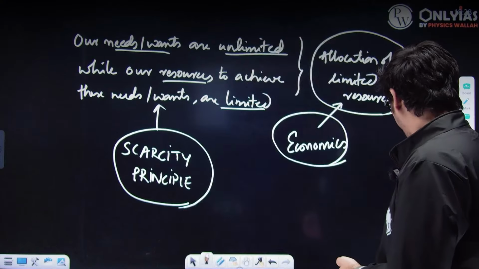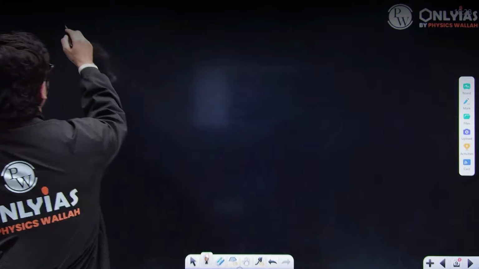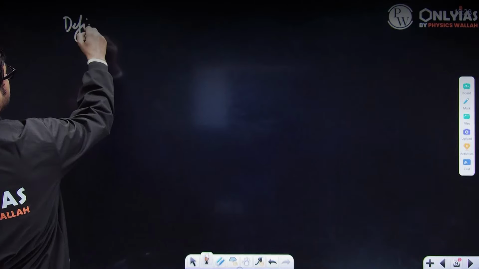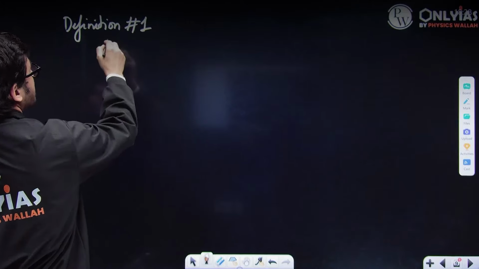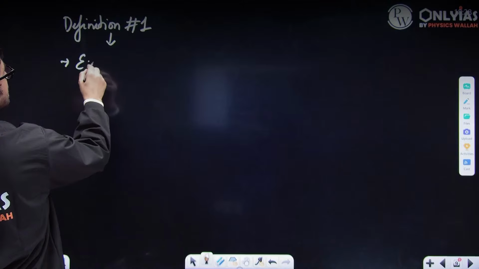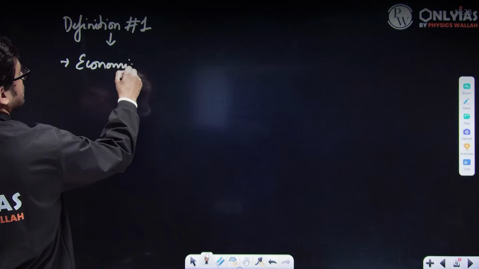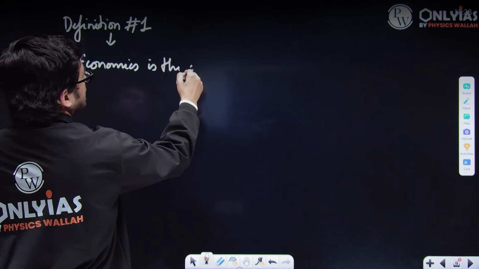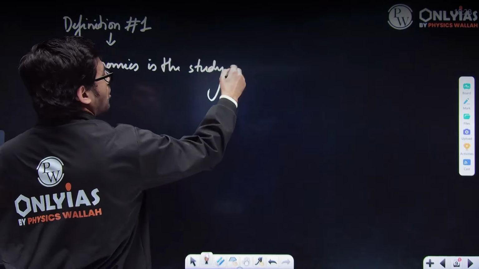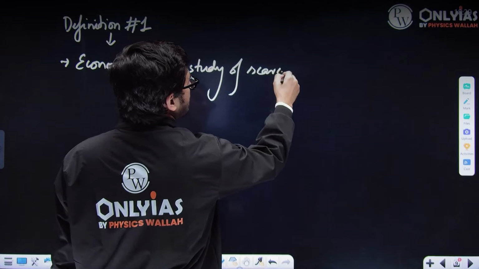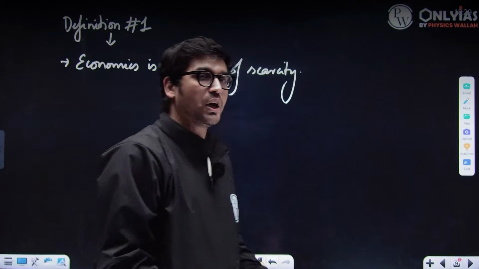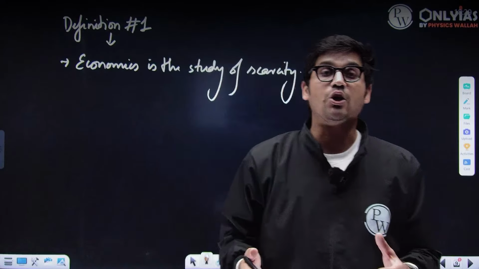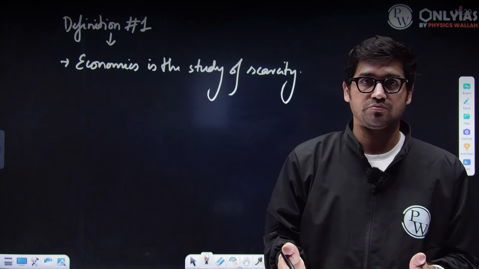So if you have to define economics, the first definition of economics as a subject would simply be: definition number 1. Economics is the study of scarcity. It's a study of the scarcity of our resources.